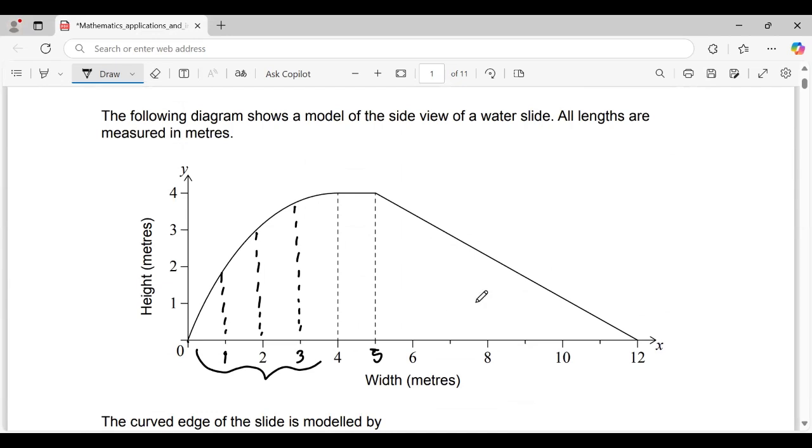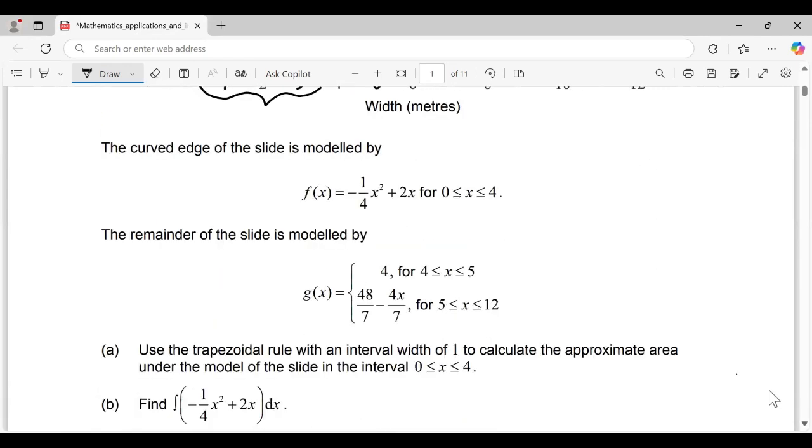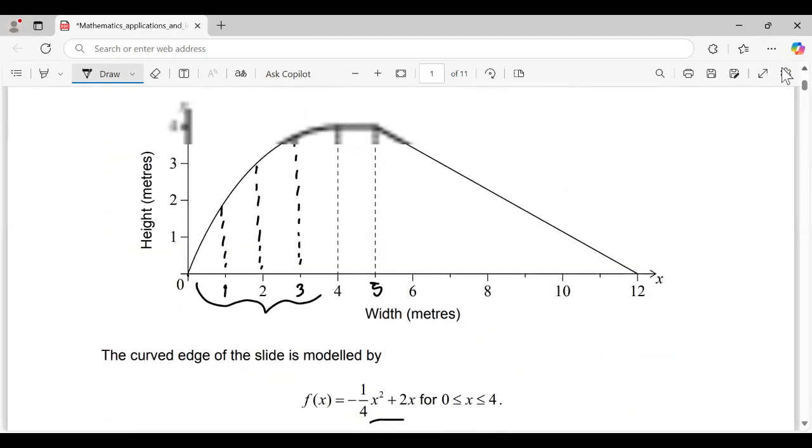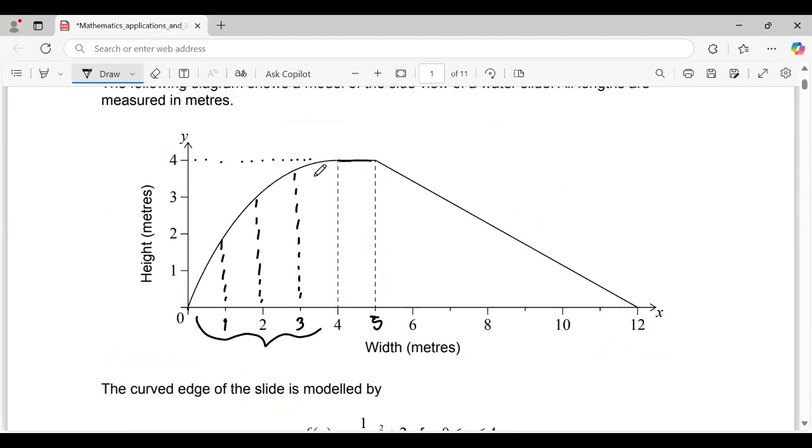This is a right angle triangle, and this is a horizontal line which equals 4. So f(x) equals the function we have, according to the information, for 0 to 4.